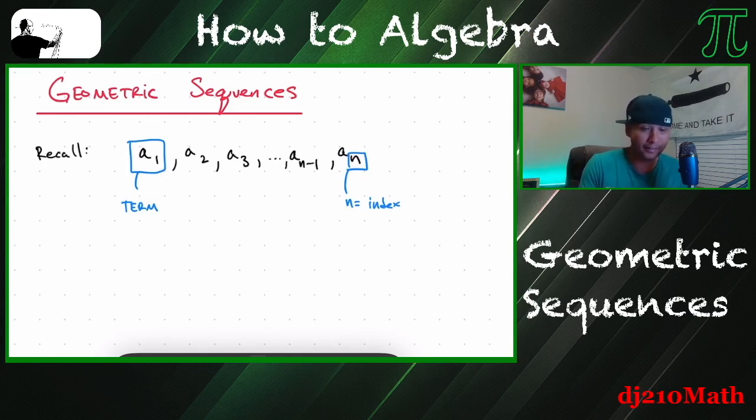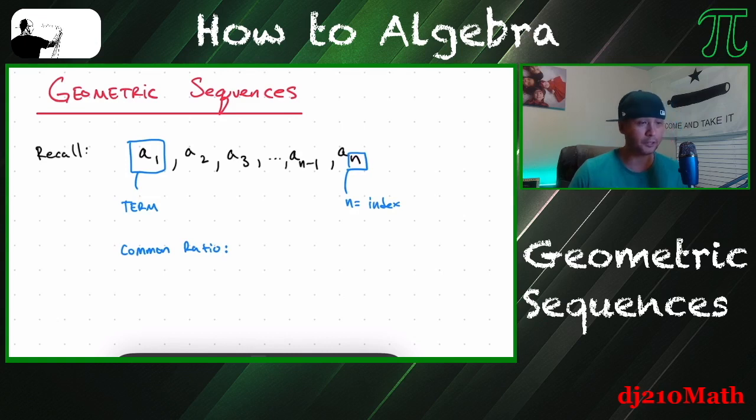You have to add a constant value from one term to get to the next. Well, the same idea applies for geometric sequences. Instead of adding or subtracting a number, we have what's called a common ratio.